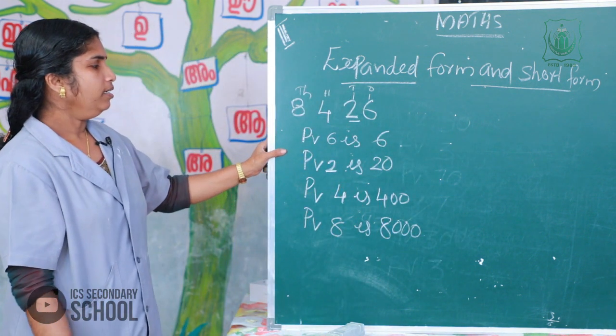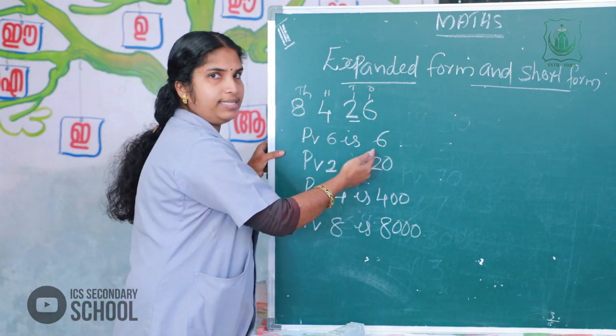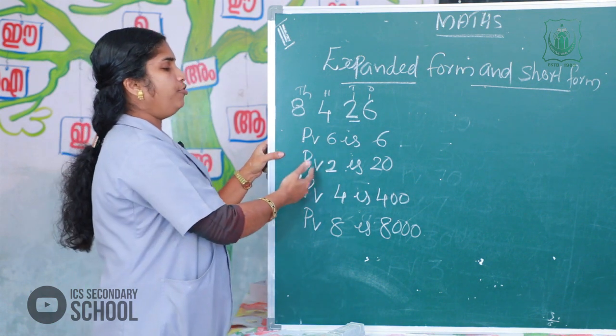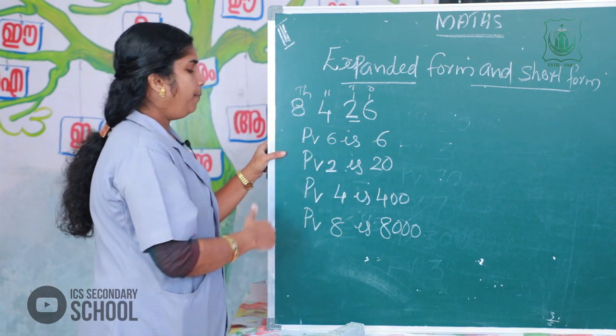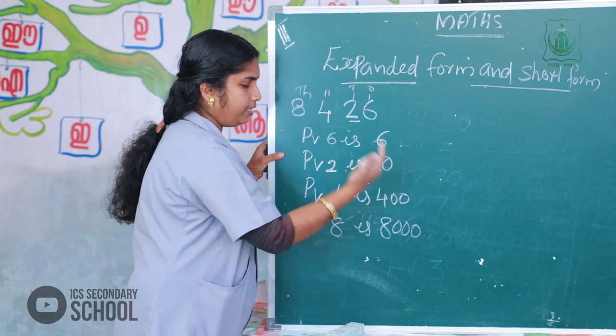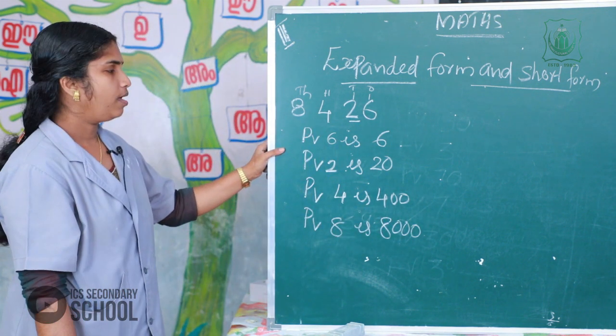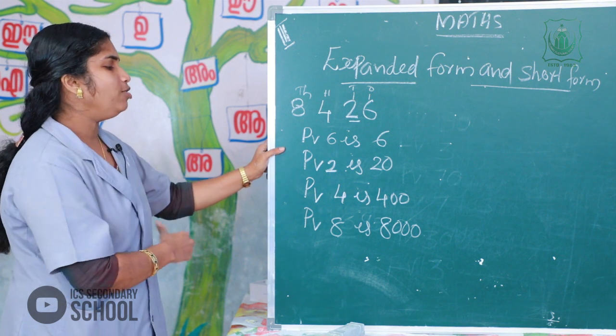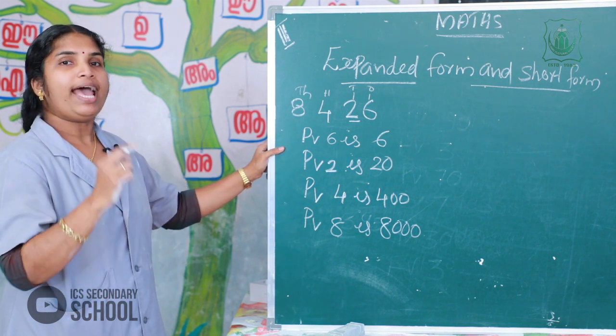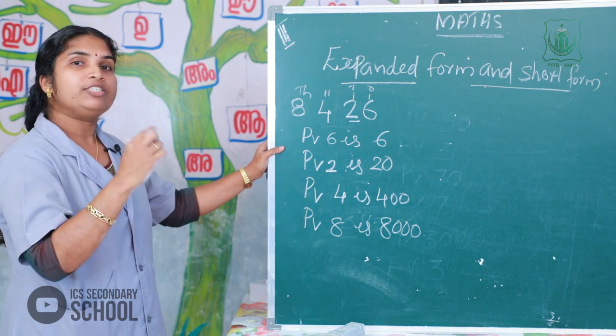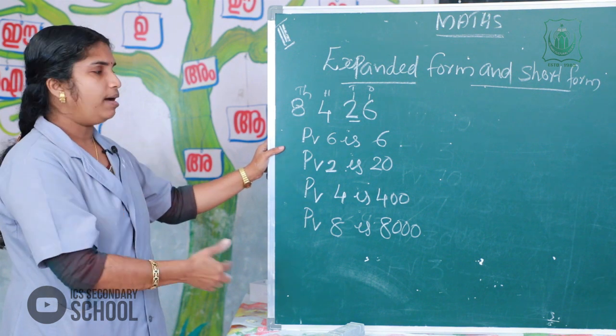Okay, we get the place value of 6 is 6, the place value of 2 is 20, the place value of 4 is 400, the place value of 8 is 8000. Okay, we add these place values of the number. 8000 plus 400 plus 20 plus 6.